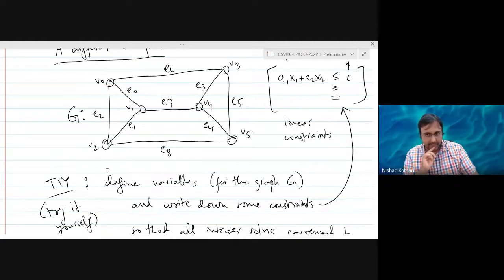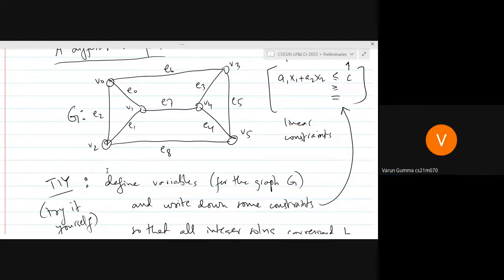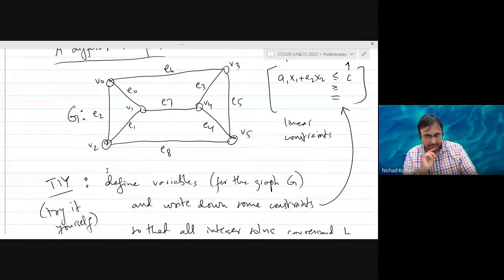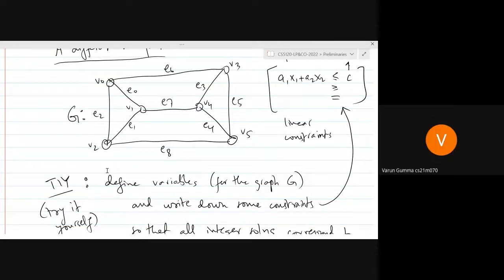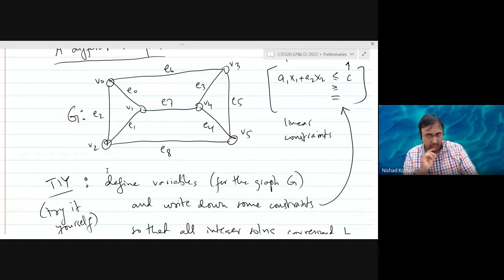Are you saying for matchings or perfect matchings? I think it should be for a perfect matching. Okay. And what would it be for matchings? Because currently we are focusing on matchings. It can be zero or one. It can be 0. Okay. So maybe I can write less than or equal to 1.